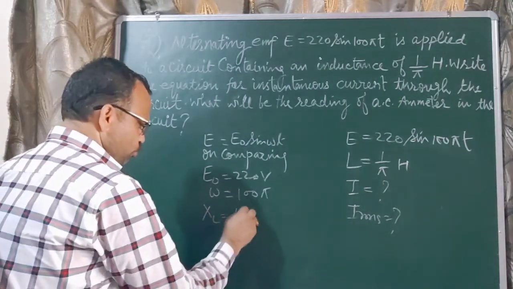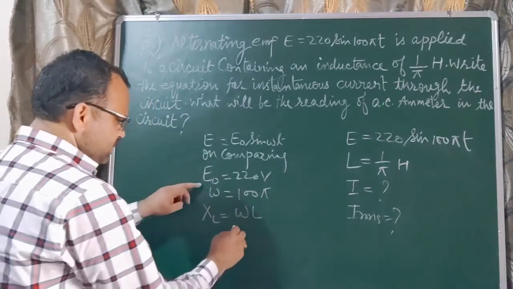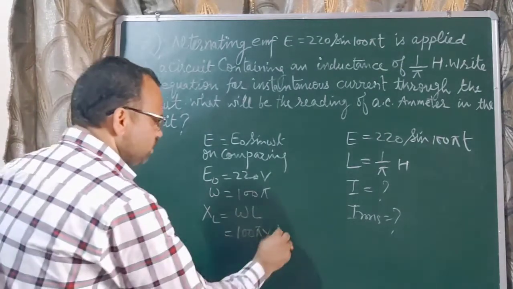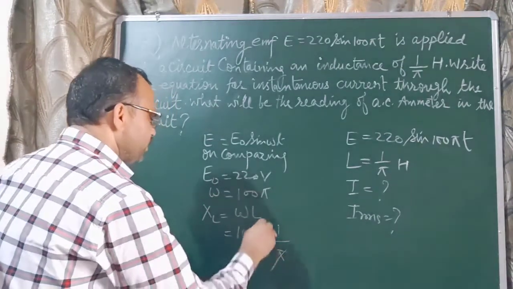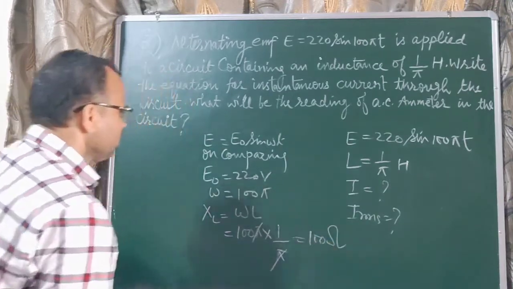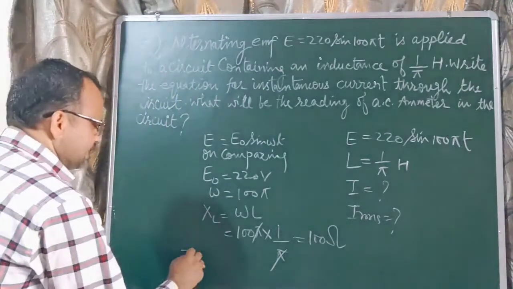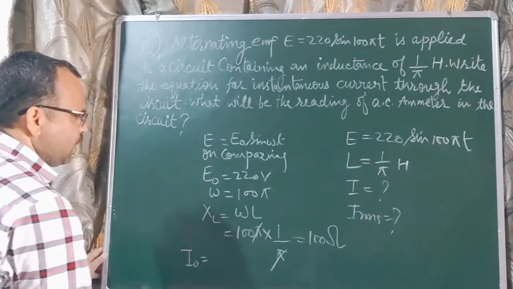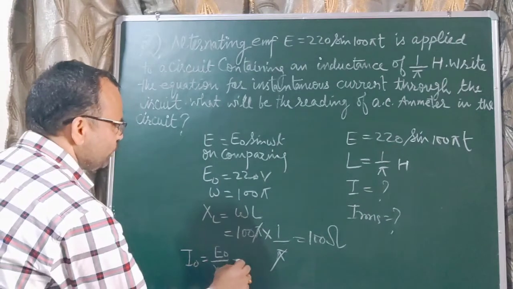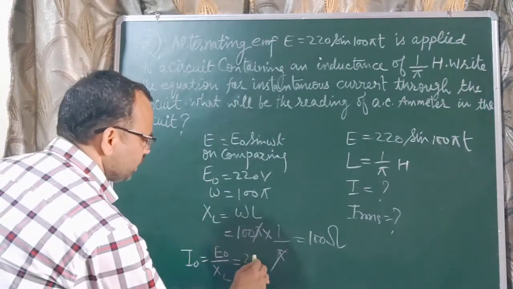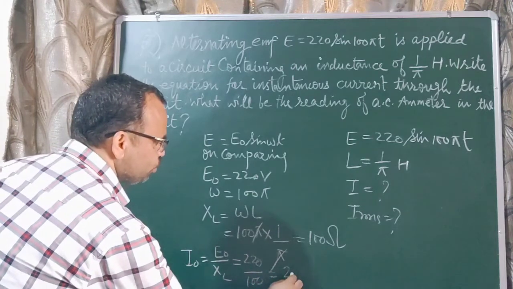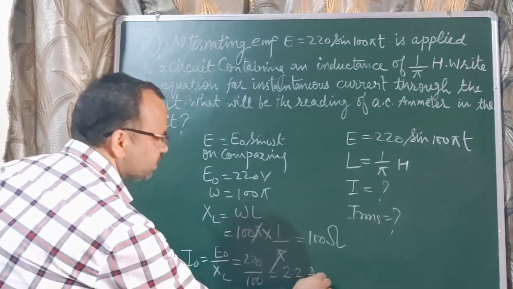XL equal to omega L, where omega is 100 pi and the value of L is 1 upon pi. The pi and pi cancel, which means 100 ohm. After that we can calculate I naught. I naught equal to E naught upon XL. The value of E naught is 220 upon XL 100, which means 2.2 ampere.